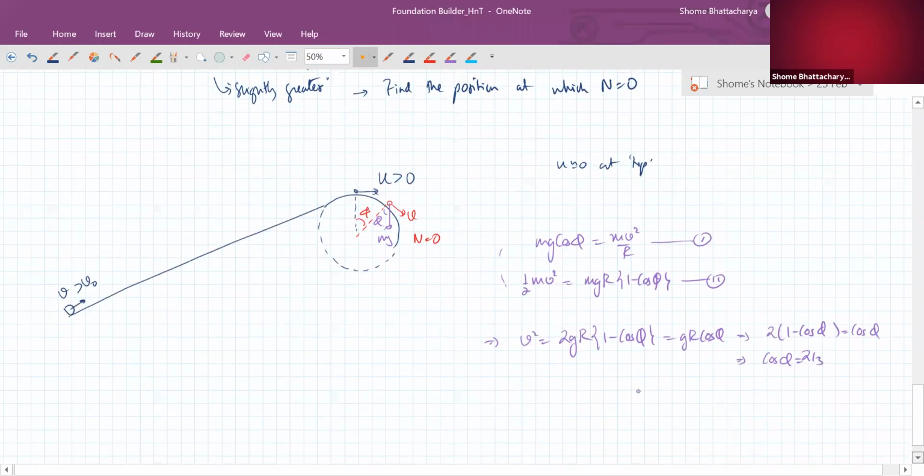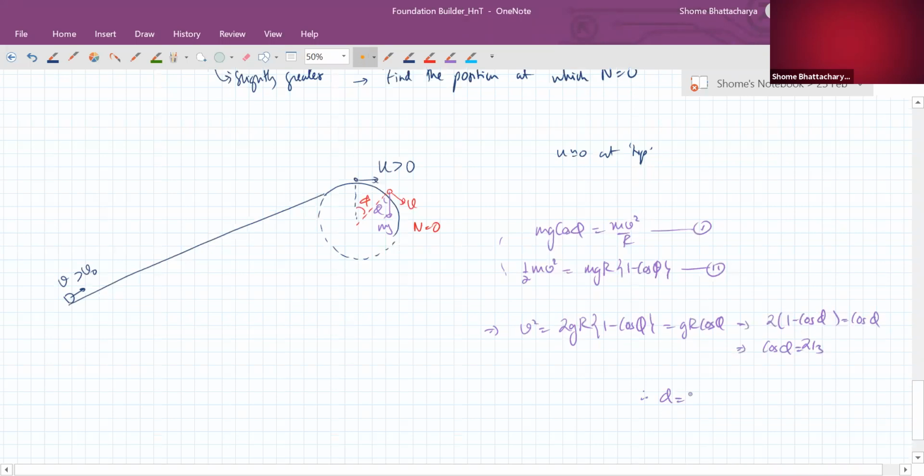So therefore, it will lose contact at phi equal to cos inverse 2 by 3, which is the angular position at which the contact is lost.